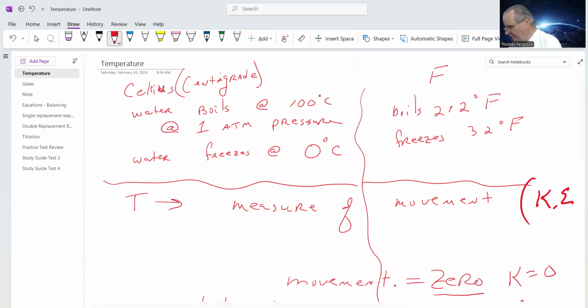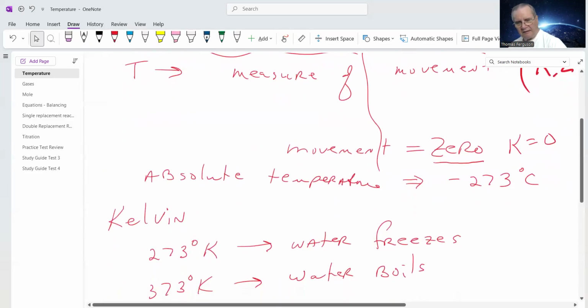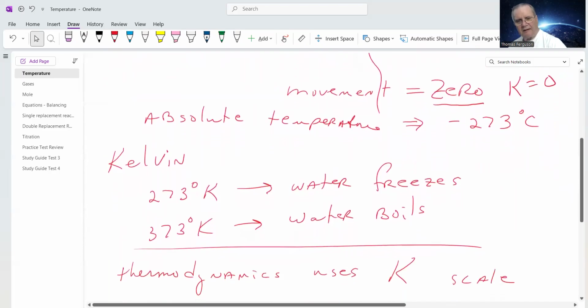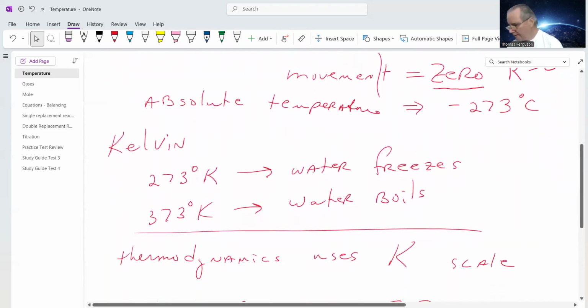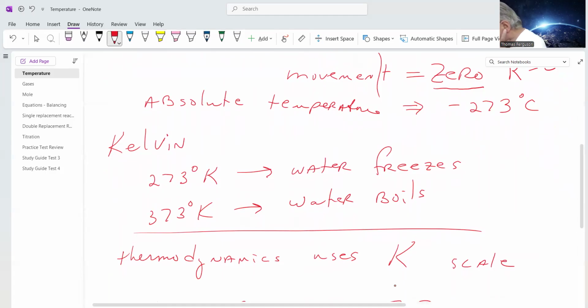The units of Kelvin are the same as Celsius. It's just the starting place that is different. Okay, so with water, water freezes at 0, water boils at 100 Celsius.